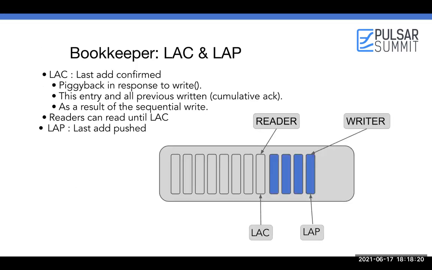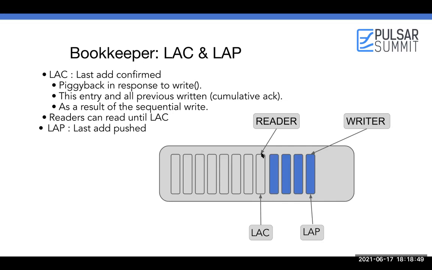So going ahead, in Bookkeeper we have two very important concepts: last add confirmed and last add pushed. You look at a ledger, and there are a lot of entries that are written to this ledger. Last add confirmed is the last entry in this ledger for which we have committed to the client that it has been written.